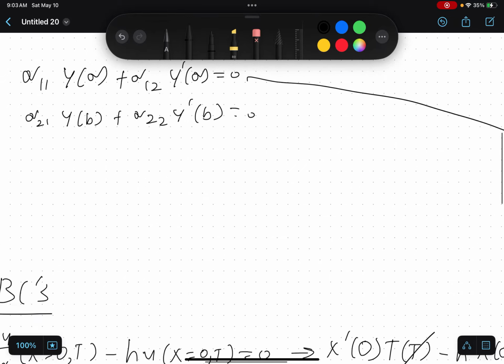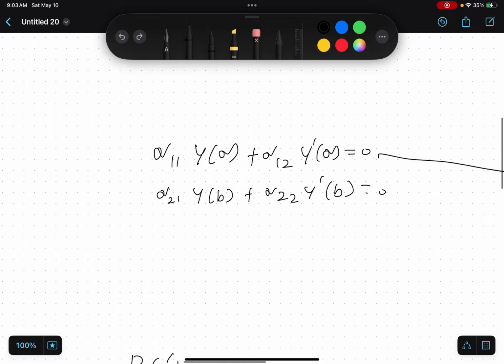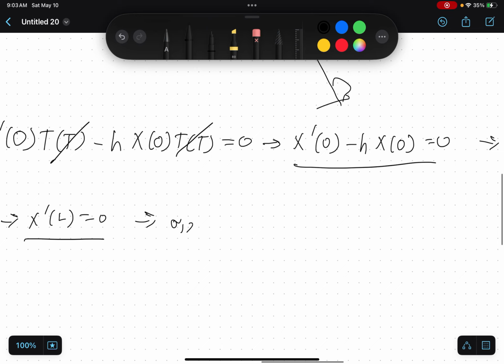This has an x prime with a 1 multiplier in the front. So I should say A12 is 1 and A11 equals 0. That is what I said. Okay, cool.